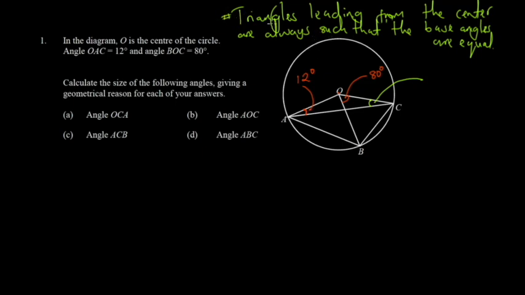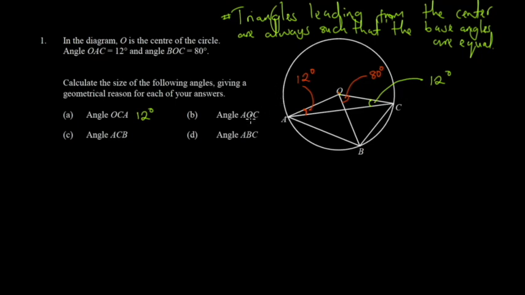Whenever you have a triangle forming from the center, the base angles must be equal. So in our case, this angle and this angle must be equal, so this one will be 12 degrees. If we were having, let's say, OAB, this angle here would be equal to this angle here. The base angles for a triangle formed from the center are always equal. So this one would be isosceles, and those ones would be 12 like this.